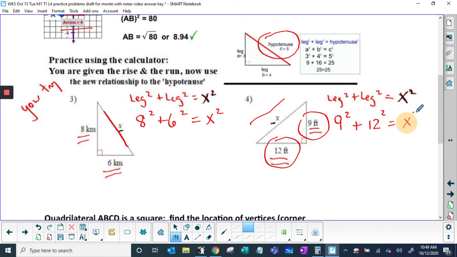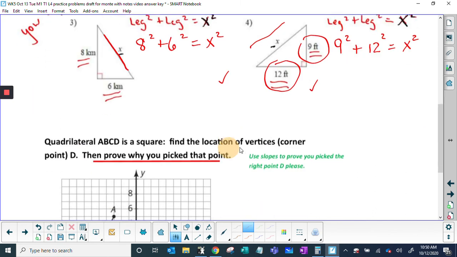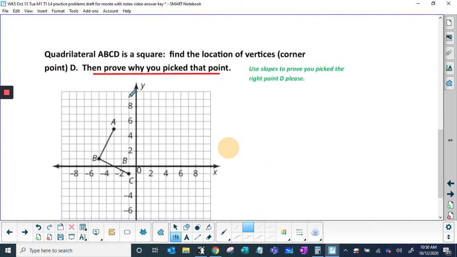Okay, then for bonus points, find the missing point D and then prove it. Up, over, down, back. Where does it go?